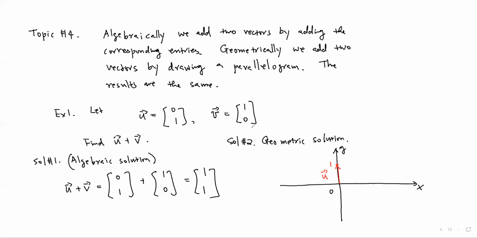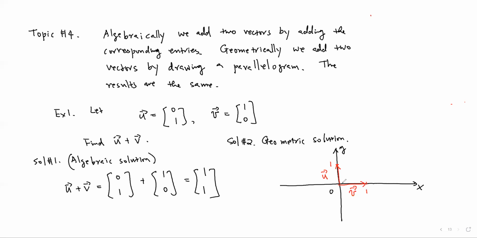Vector v is (1, 0). The corresponding point is (1, 0), about here. This is vector v. Now I draw a parallelogram spanned by these two arrows.